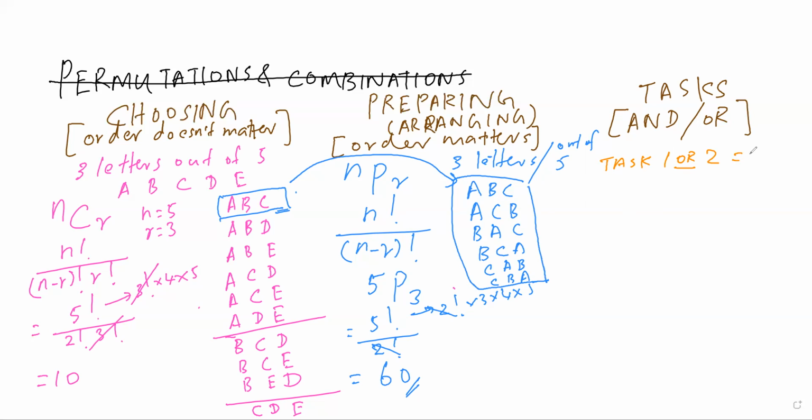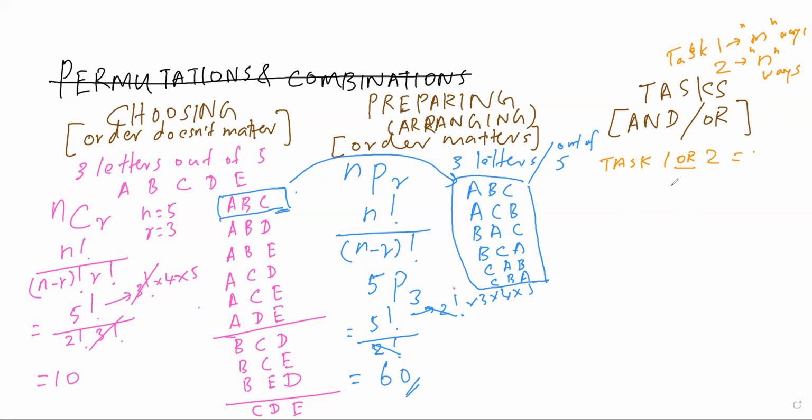Let's say task 1 has m ways of doing, and task 2 has n ways, okay?